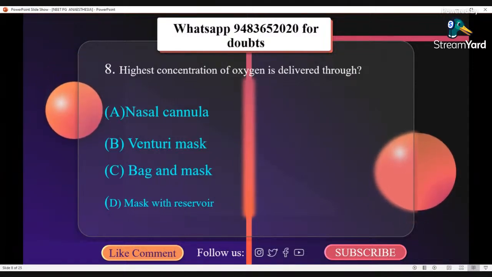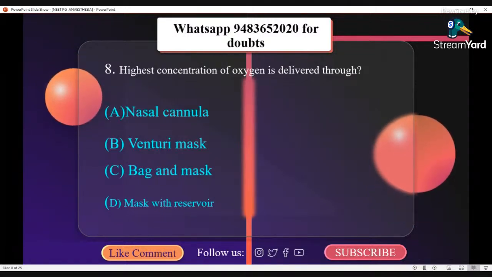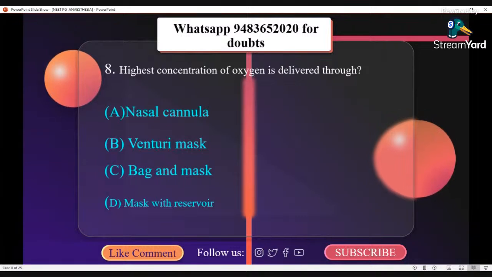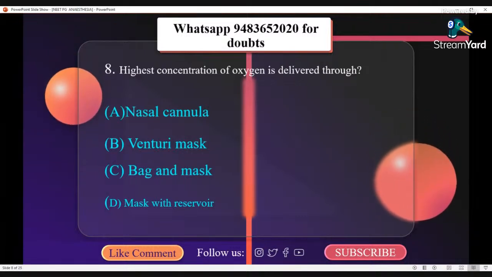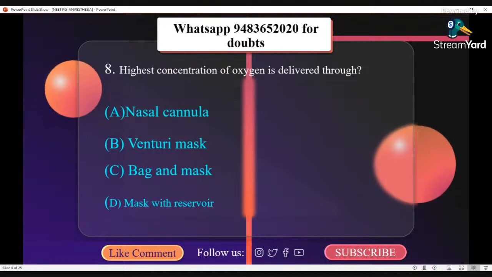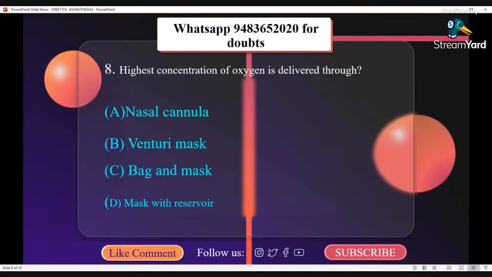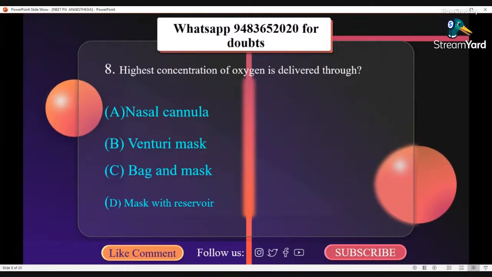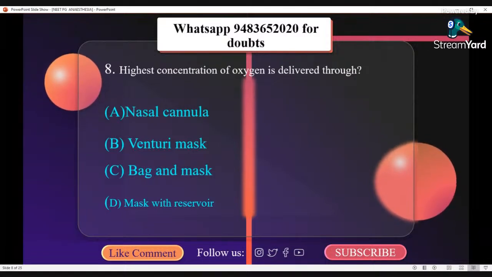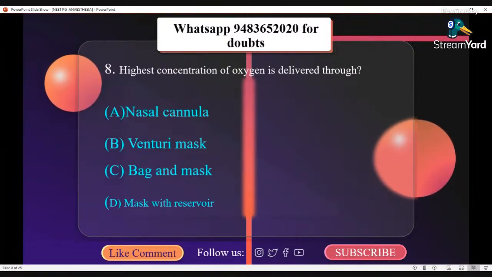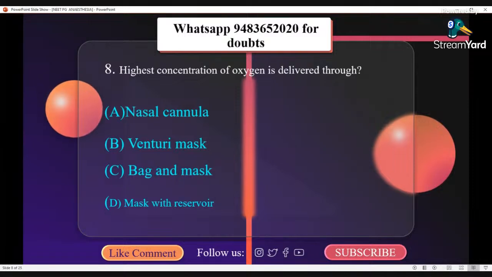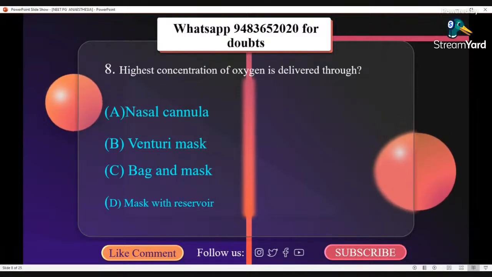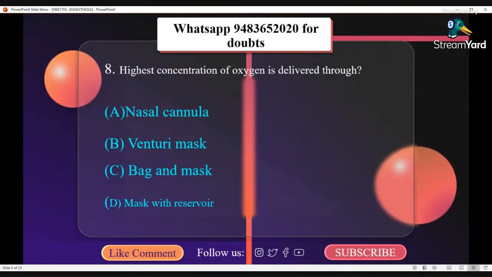In bag and mask, 100% is delivered. Nasal cannula, maximum 40%. Venturi mask is maximum 60%. Mask with reservoir, 80 to 90%. So it is bag and mask.